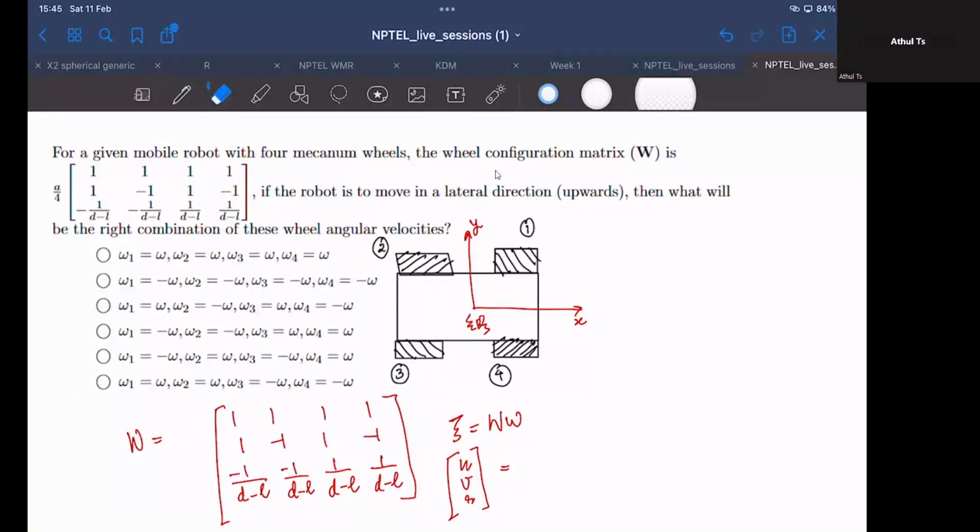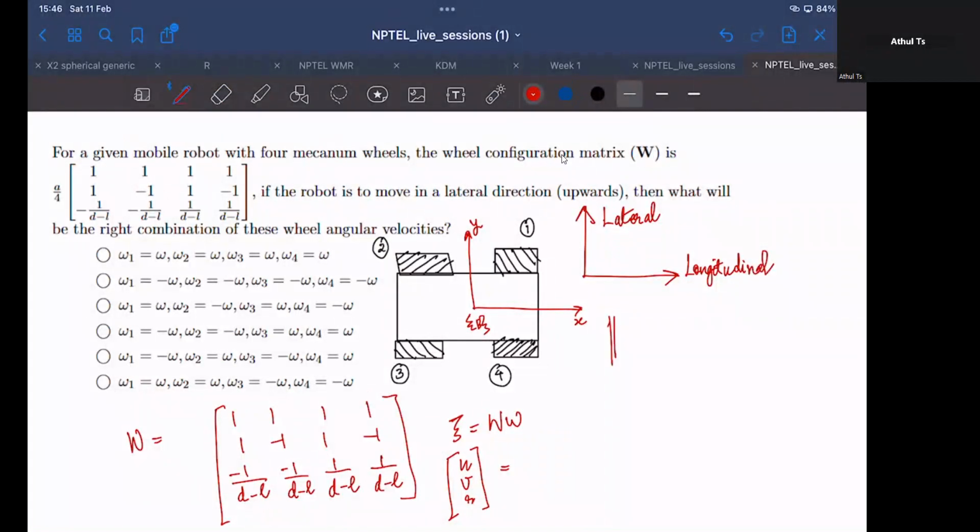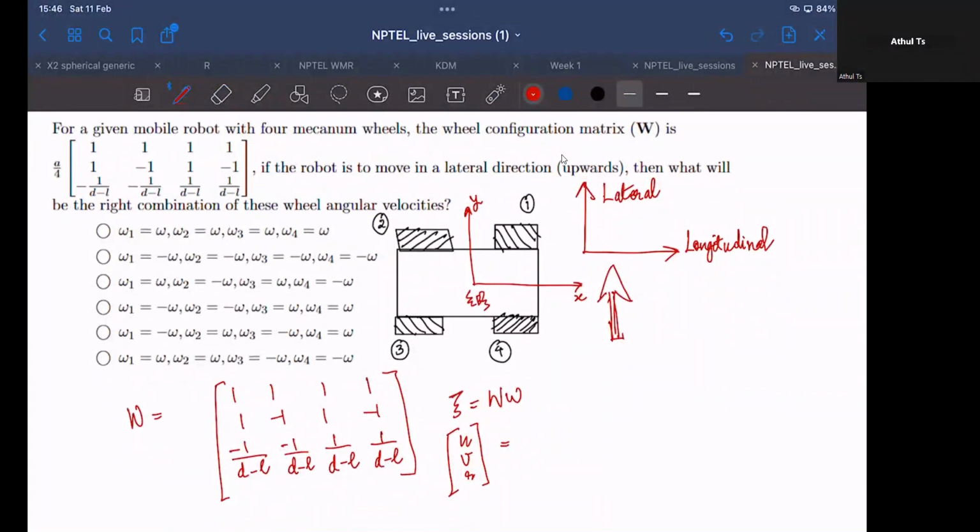So if this is the robot's frame, the lateral direction is this, and this is your longitudinal direction. And you would want the robot to move along the lateral direction.